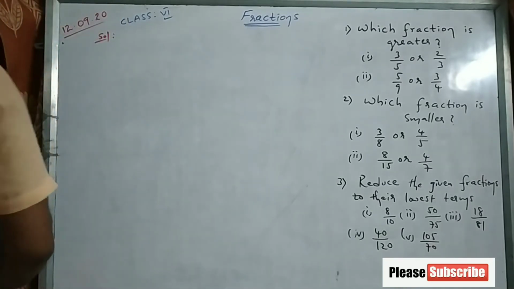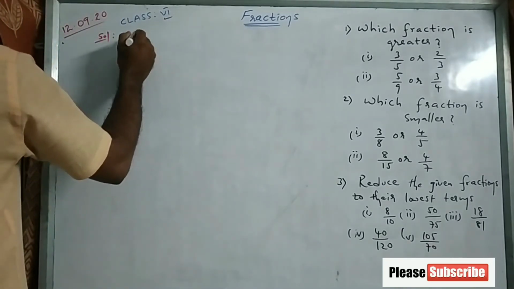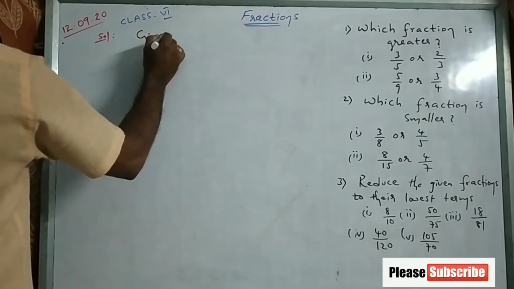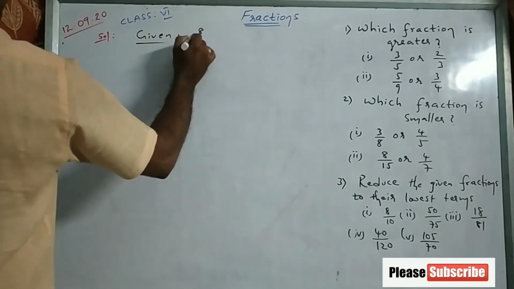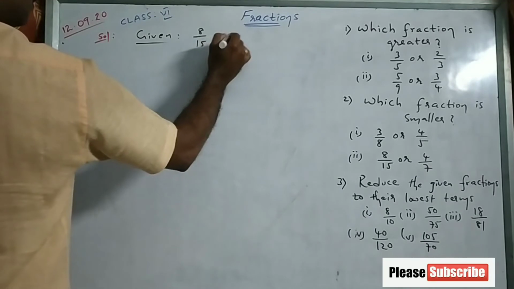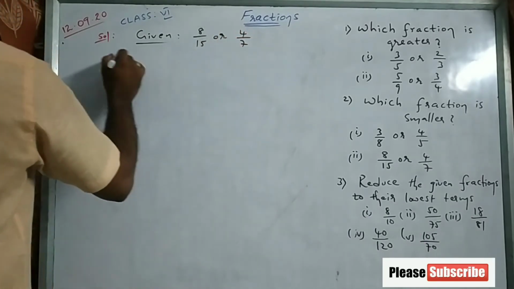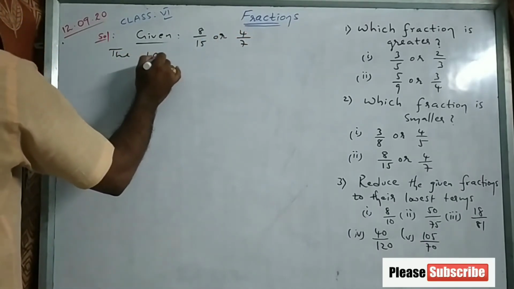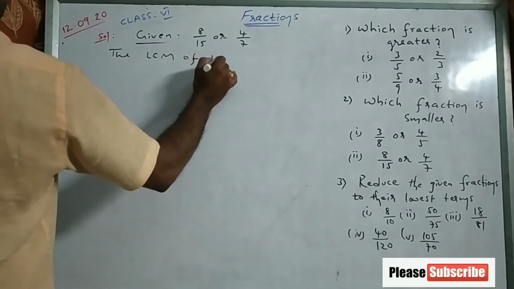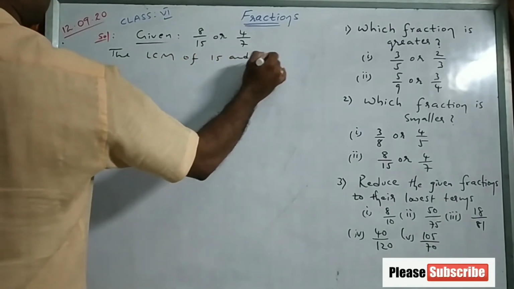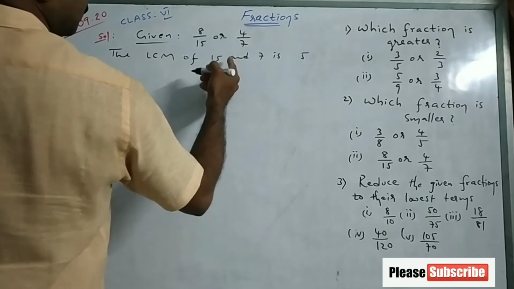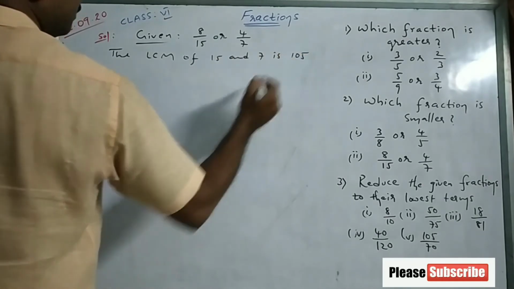Next one is 8 by 15 or 4 by 7. The LCM of 15 and 7 is 105.